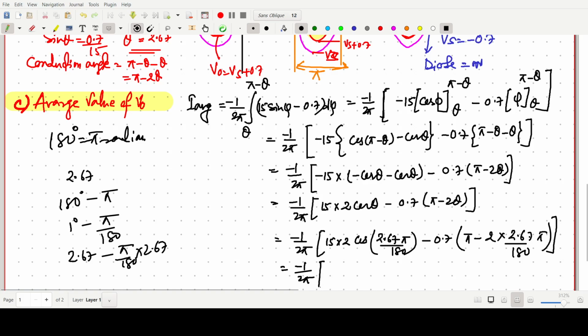Minus 1 by 2 pi. If we solve this in the calculator, it will give around 29.9999908.